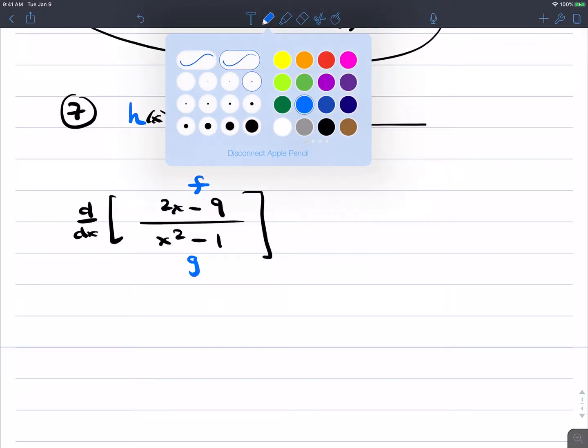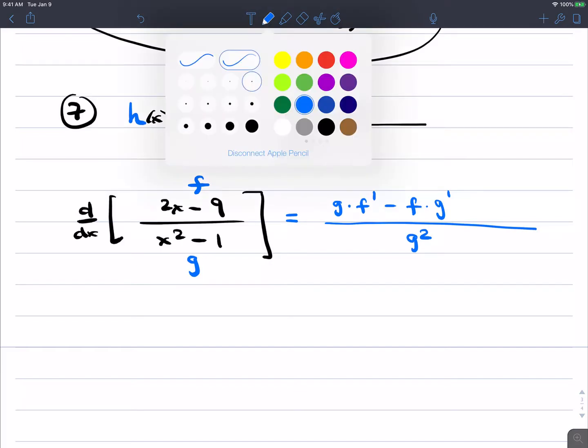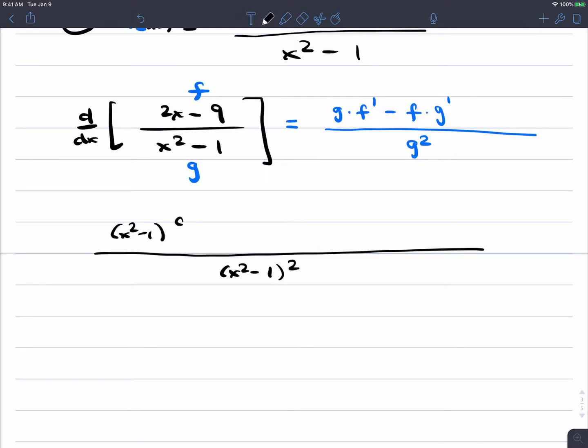So let's remember our quotient rule here. You're going to square g, the denominator function. g times f prime minus f times g prime. So we're going to follow this format. Back to our operator notation, and we get x squared minus 1 squared times x squared minus 1 times the derivative of 2x minus 9 minus 2x minus 9 times the derivative of x squared minus 1.